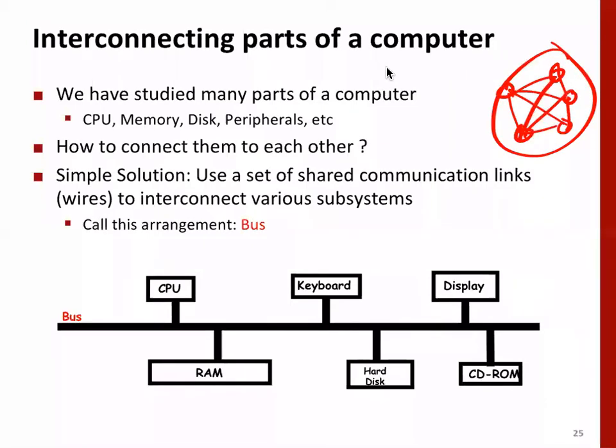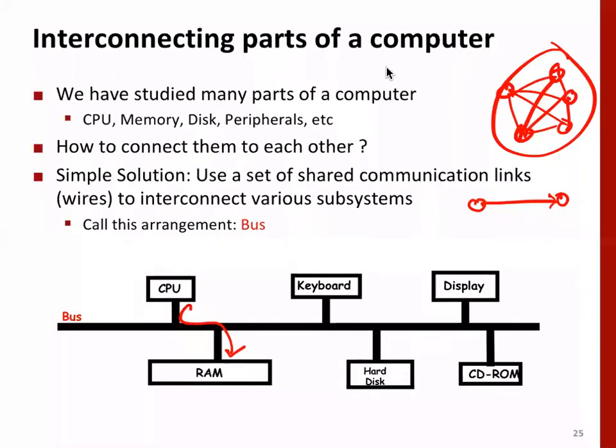Buses are shared among a number of components. When only 2 components communicate with each other, when there is a unicast, where one device is communicating to any other device, then only 2 can use the bus.